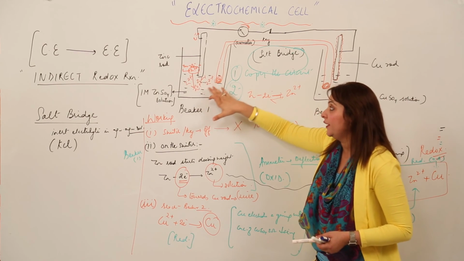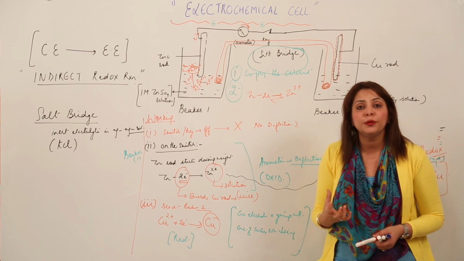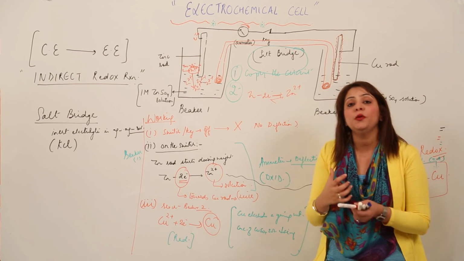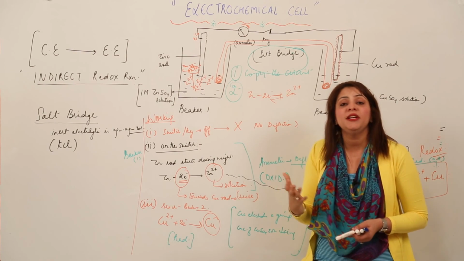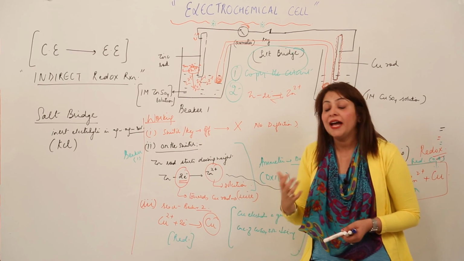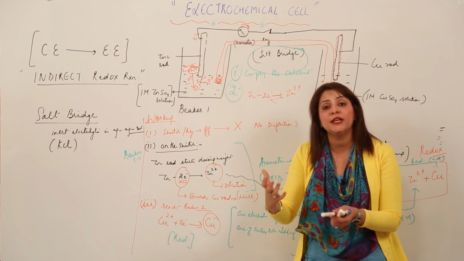As you know, there is so much positive charge that it will not allow more positive charge to be formed. So they will prevent the oxidation, right? And if the oxidation is prevented, there will be no electrons formed, and the production of current will stop.